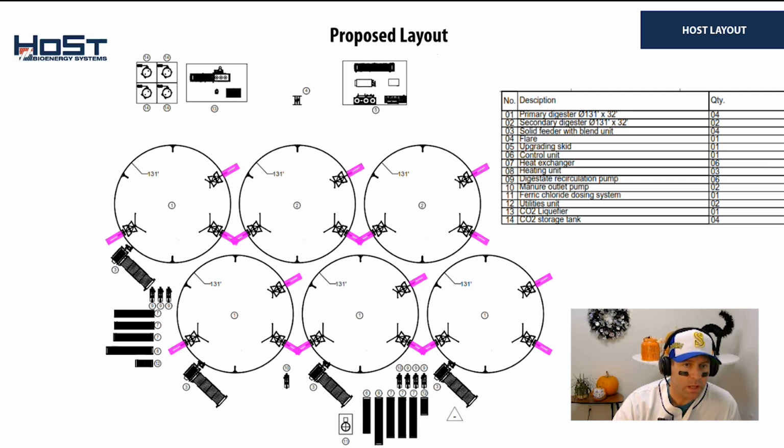So in reality, these 2 primary digesters would feed this secondary digester, and these 2 primary digesters would feed this secondary digester. It's in series, so it's a 2-to-1 ratio. And this is a very realistic size project for us. In fact, we are constructing this very layout with these size tanks and these mixers and everything for a project in the Pacific Northwest currently.